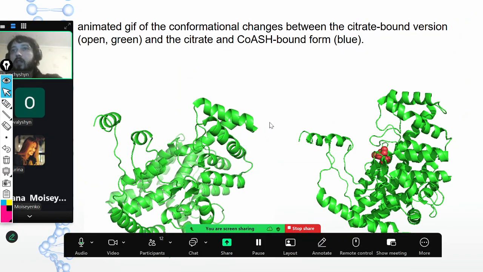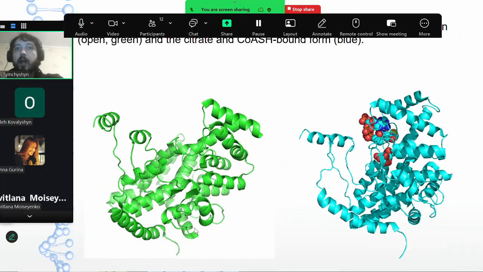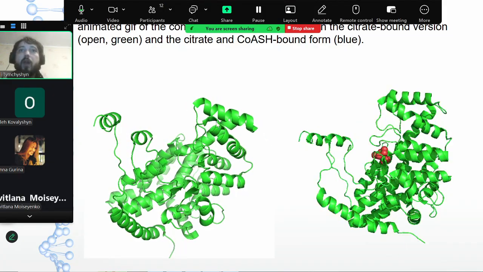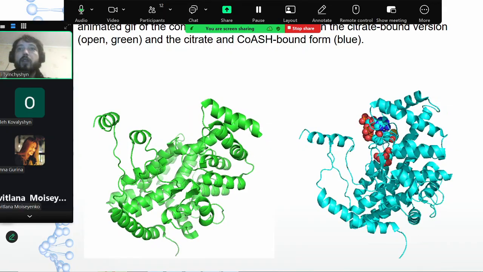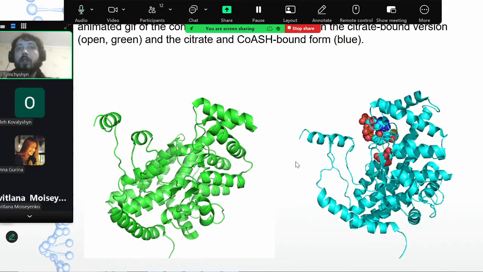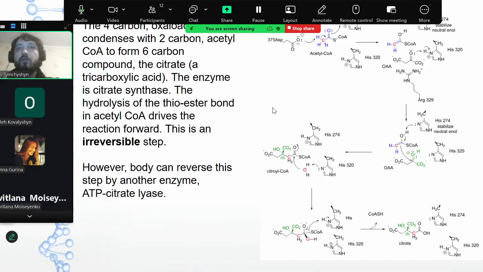So here is some nice animation. It changes its conformation on binding with all those substrates, so I'm not getting into the details of the mechanism, just a neat picture for you.